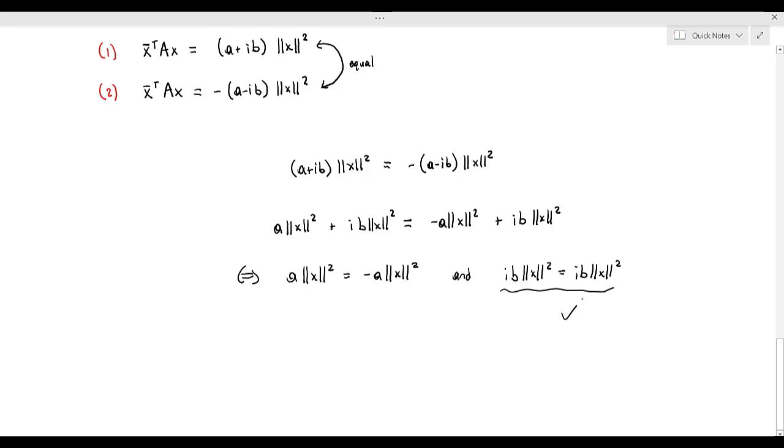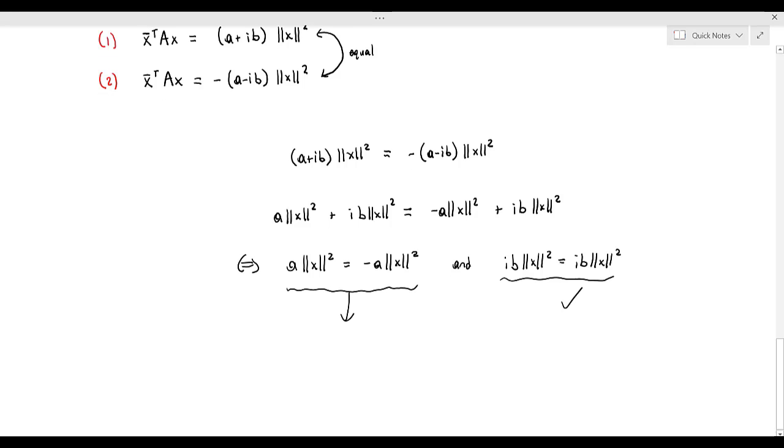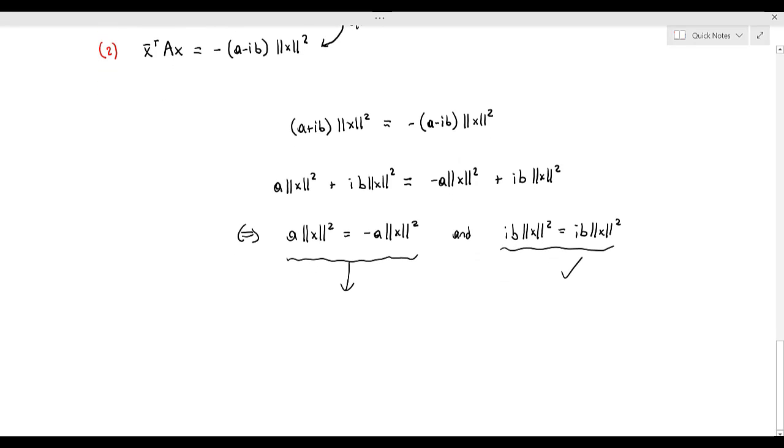So this is good. All right, but what does this tell us, though? Remember that a is a real number, and the length of x squared is also a real number. But we have a number that's equal to the negative of itself, and the only number, real or complex, that is equal to the negative of itself is 0.